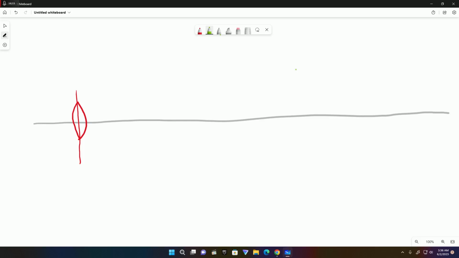Now y'all are going to have to forgive me because my ability to draw straight lines, shucks, is not very good. So here we have a convex and a concave.